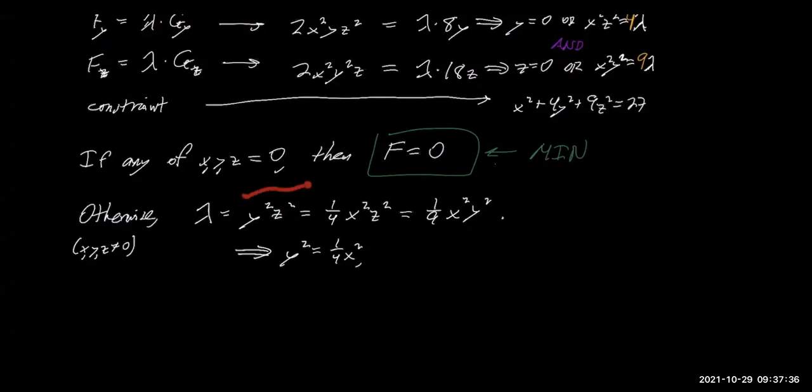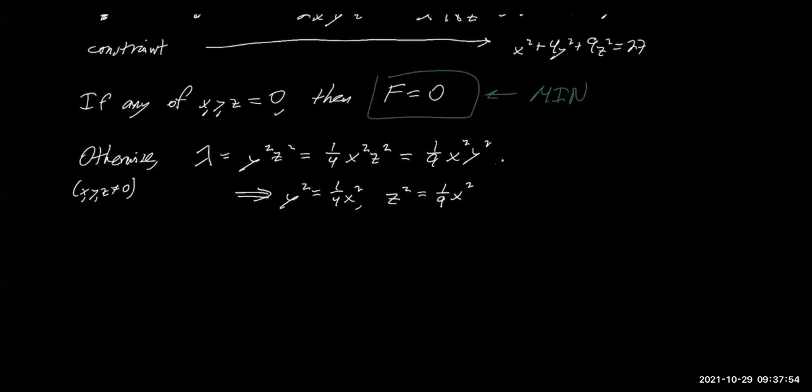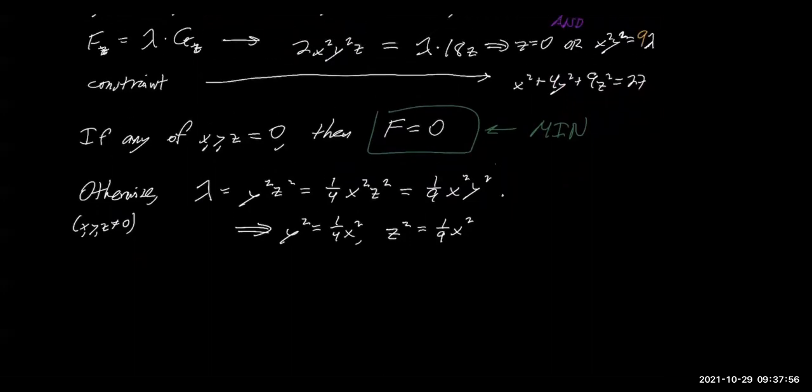If I also compare these two and cancel the y squareds, then we get z squared is 1/9 x squared. Right? And then now you're going to plug these into the constraint.